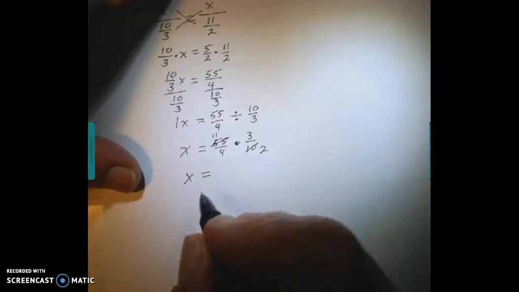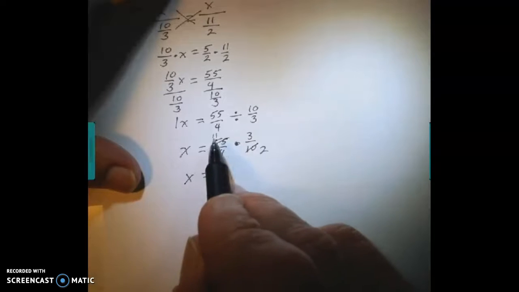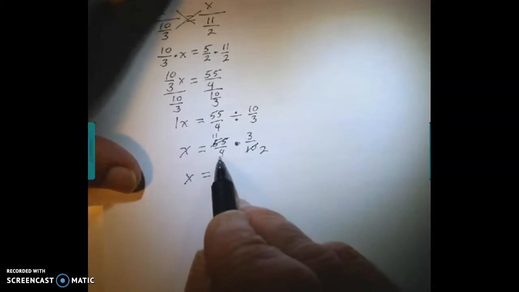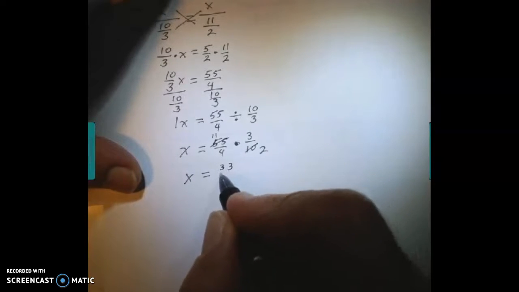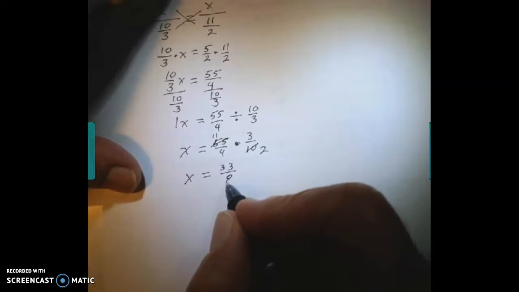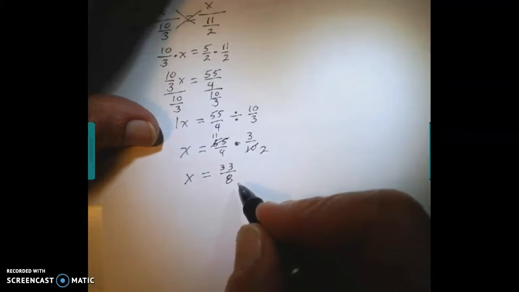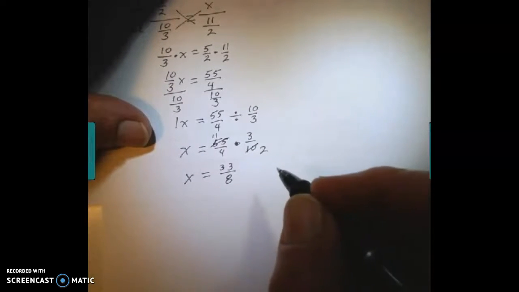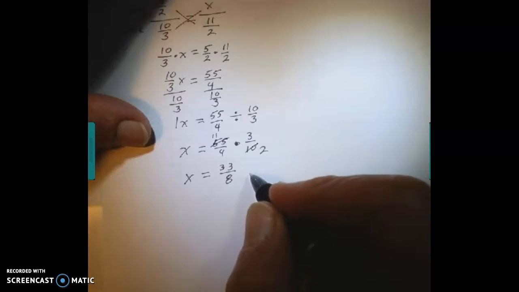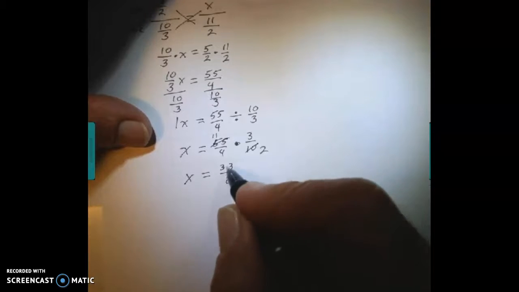Now, multiplying fractions, all you have to do is multiply numerator times numerator, denominator times denominator. 11 times 3 is 33. 4 times 2 is 8. Change that into a mixed number. 8 would go into 33 4 whole times. That's the whole number part. 4 times 8 is 32.